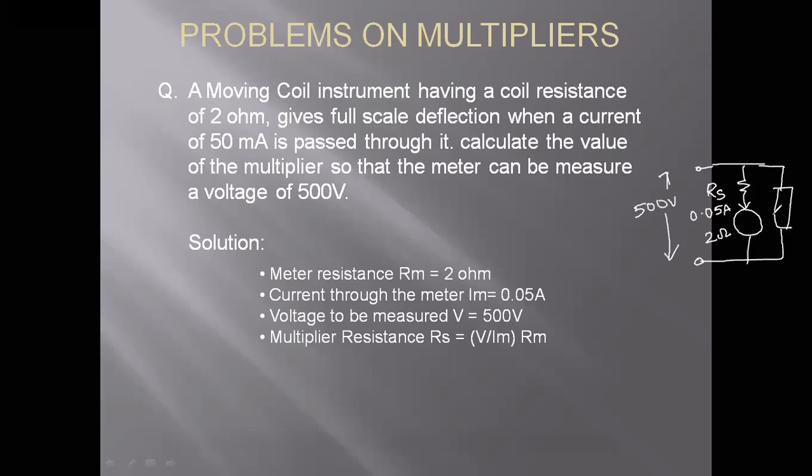If you take the meter as it is, the meter can measure a voltage of small v, which is Im into Rm, that is 2 into 0.05, which is 0.1 volt.